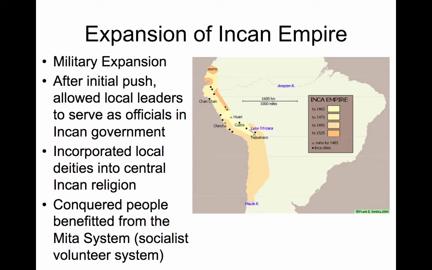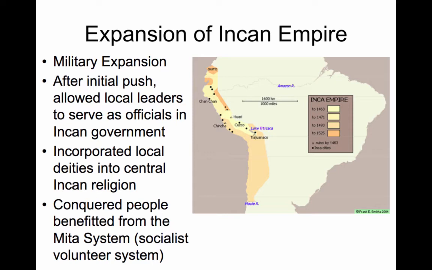All right, so getting into the expansion of the Inca Empire. Just like the Aztecs, the Inca began to militarize and grow through their military. But after their initial militaristic push, we see that the Inca turned and lessened their militaristic presence and actually began to use a lot of diplomacy and other means to make people happy to be a part of the Inca Empire.